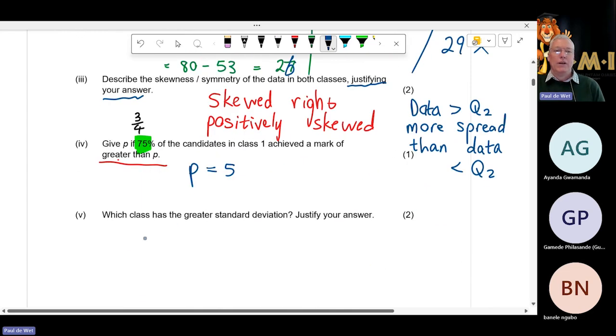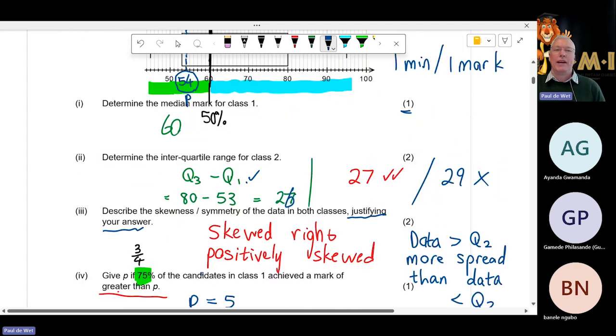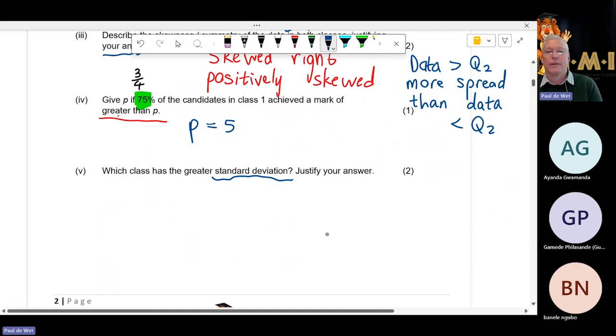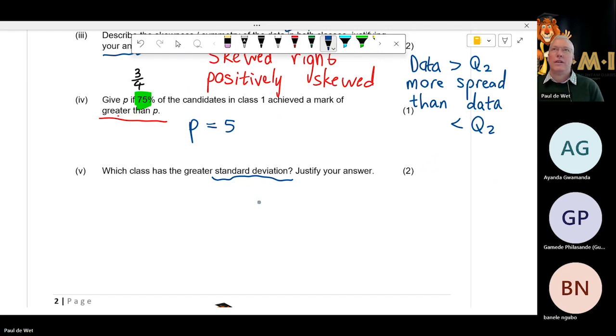Okay. Which class has the greatest standard deviation? Who can tell me that? And this really tests your understanding of what we are talking about with standard deviation. Anyone? Just put your hand up. Okay, guys, standard deviation, I'll give you a hint.